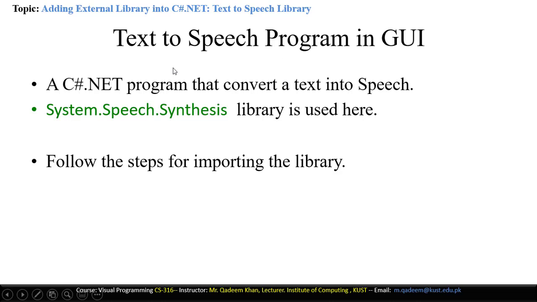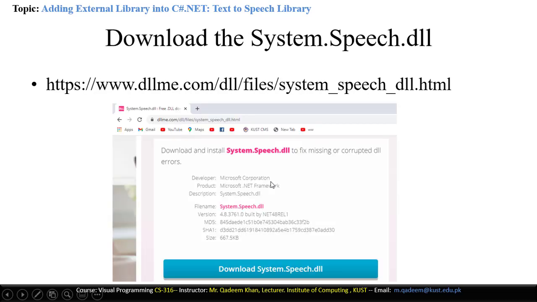So for an external library, we are taking the example of a text-to-speech program in a graphical user interface. For this purpose, we will import the system.speech.synthesis libraries. So here we are following multiple steps to import these libraries. First of all, we need to download this library. So this link is used to download this library.